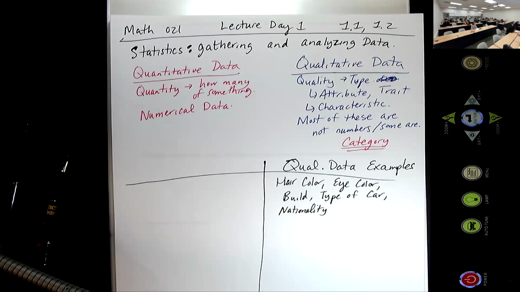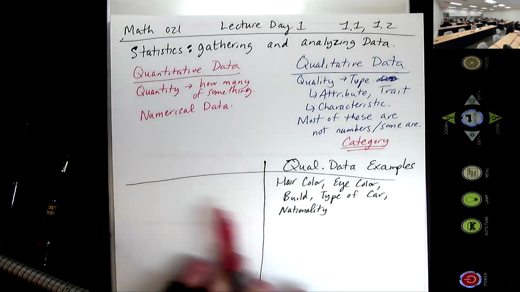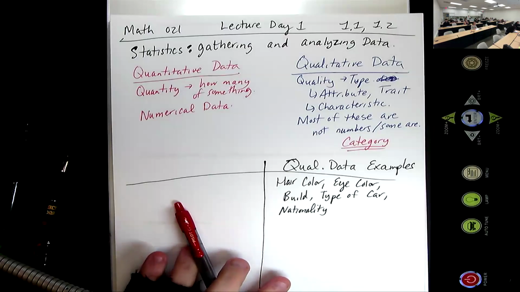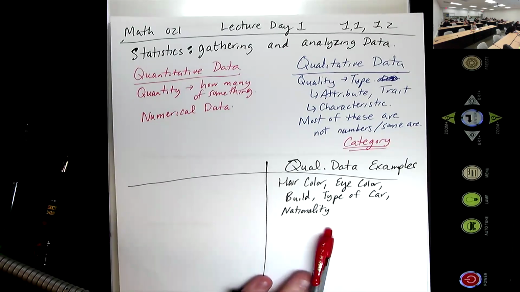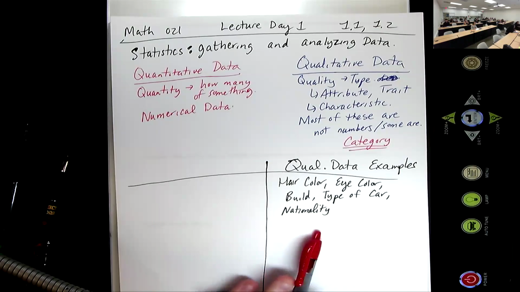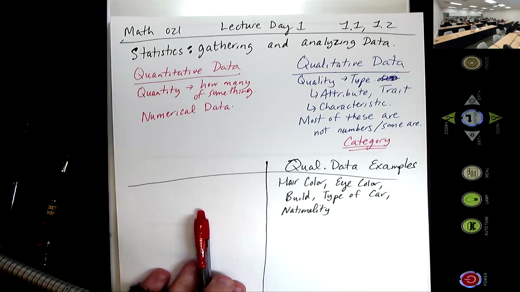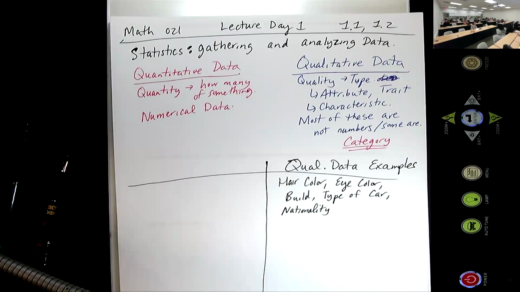I can do that with qualitative or quantitative. I could ask you the hair color thing and get qualitative, or I could ask how old you are and get quantitative data, right? So population in and of itself, not necessarily. We will use populations for both.